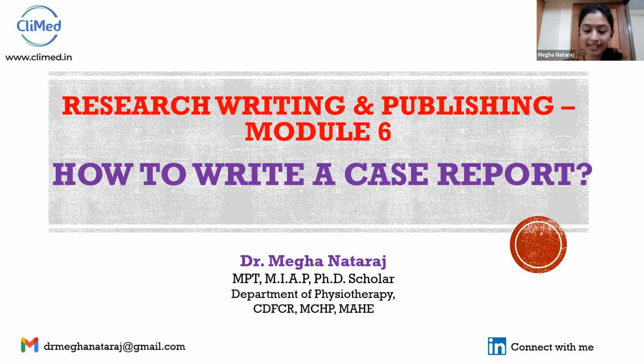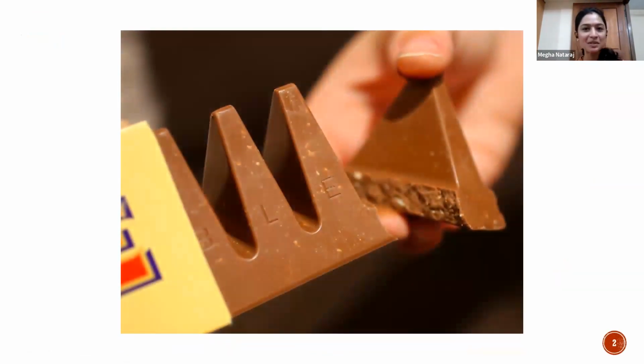I'm also hoping that most of you have had your evening chai nashta. Otherwise, the next slide may give you some sugar cravings. Can anyone from the audience quickly identify this chocolate? Can I get some volunteers to unmute and tell me? Toblerone. All right.